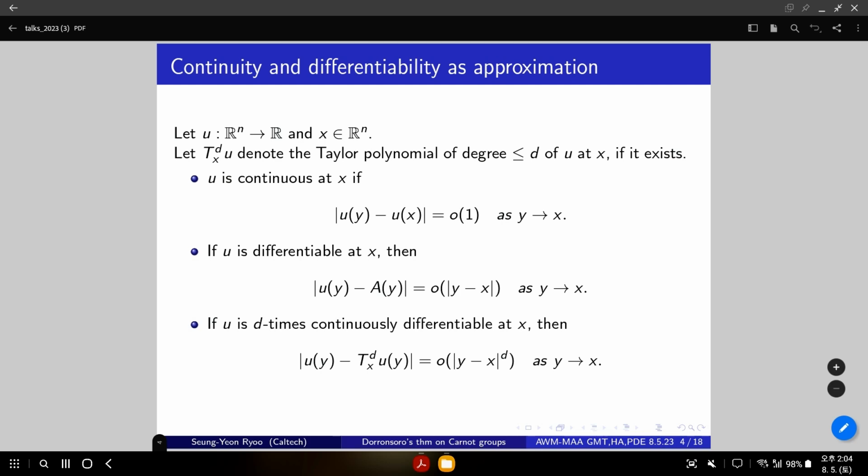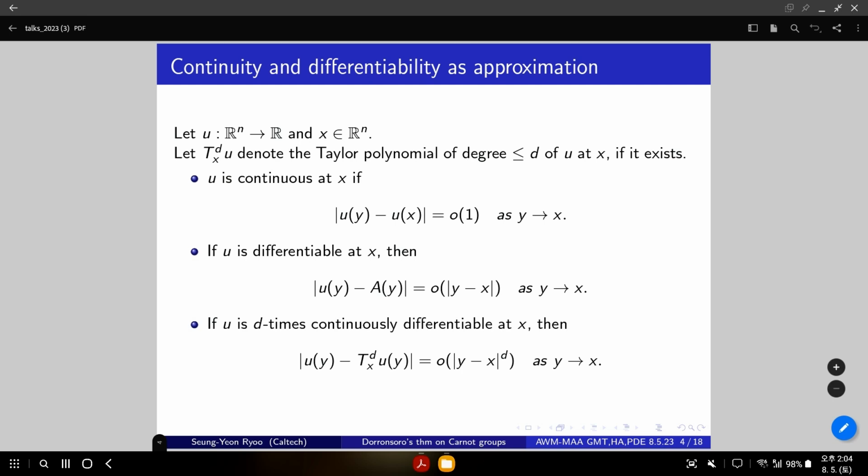And if u is differentiable at x, u(y) minus, pardon me, the T should be T^1_x u. It's an affine function, and you can approximate u by a linear function to get a smaller error, little o of |y minus x|, as y goes to x.